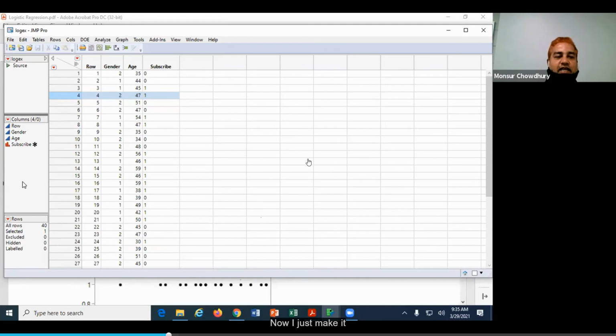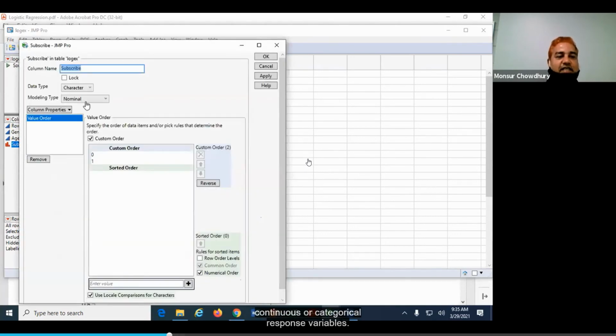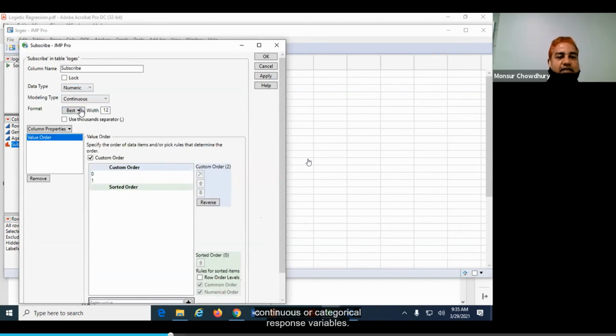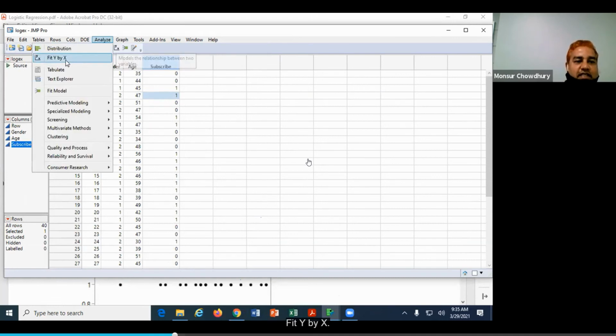Now I just make the categorical response variable continuous to show you what happens if we fit a simple linear regression model, fit y by x.